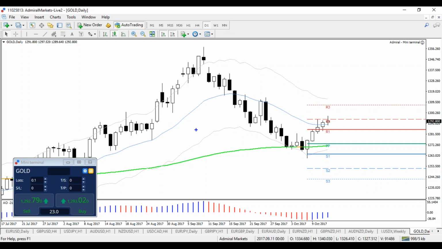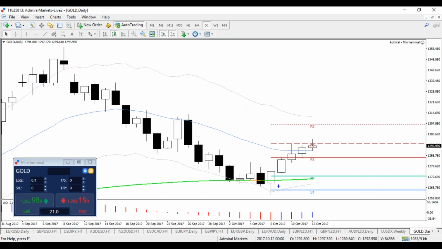So regarding gold, basically, at this moment, well, this was a strong bullish pin bar. We had a good wick. We had a good close, made a high. And all of these bullish candles, well, not all, this one is definitely confirming the upside. This one is indecision. And even this one is a little bit of indecision.